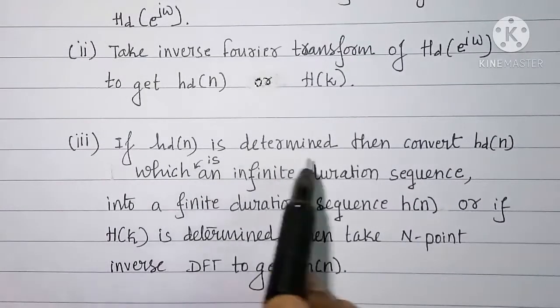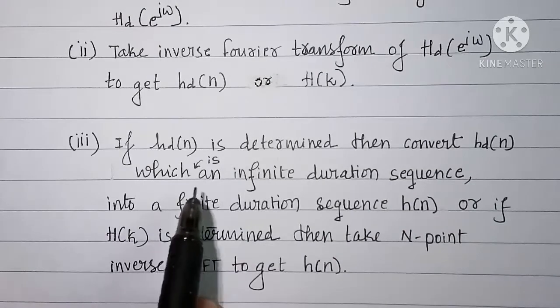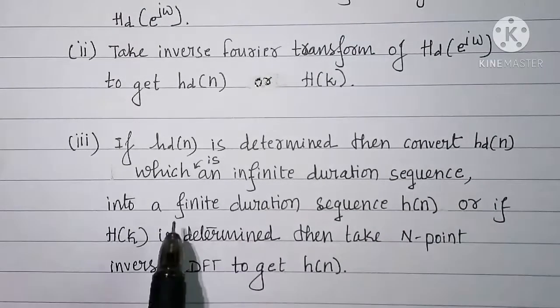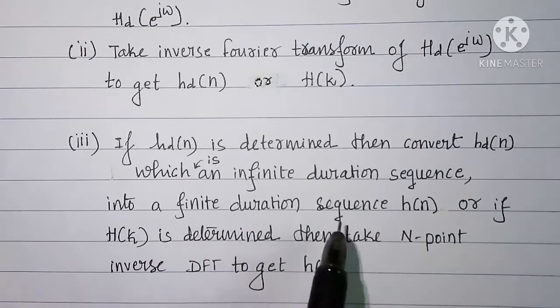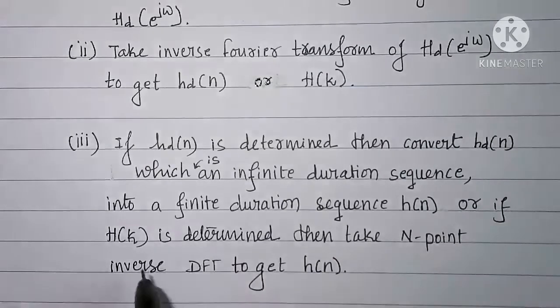If hd of n is determined, then convert hd of n, which is an infinite duration sequence, into a finite duration sequence h of n. Or if h of k is determined, then take n point inverse DFT to get h of n.